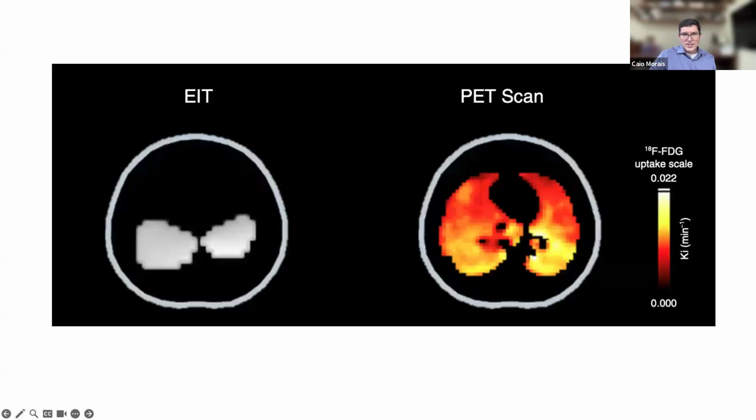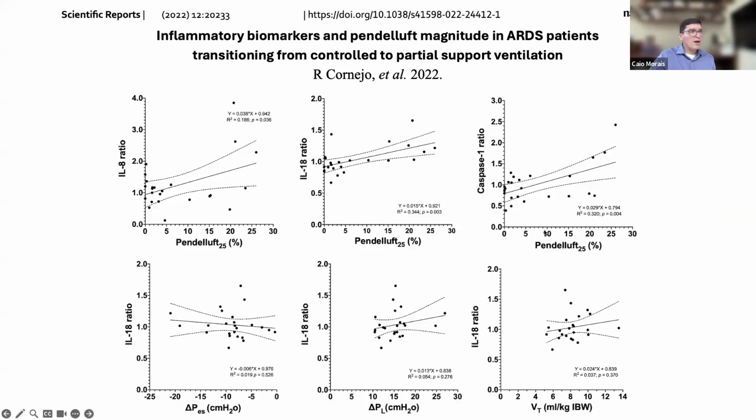And recently in a physiological study, we compared the pendelluft with PET scan, and we found that the intensity of pendelluft agrees with more inflammation detected by PET scan. We also have data supporting this in patients with ARDS.